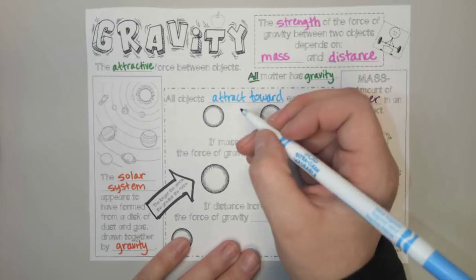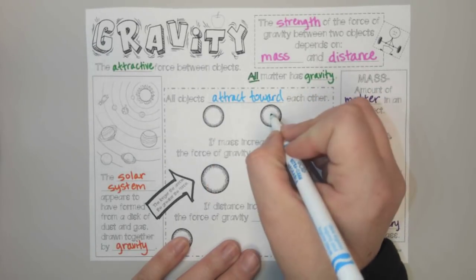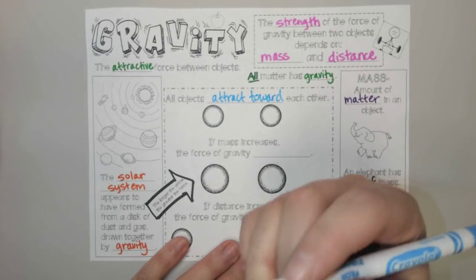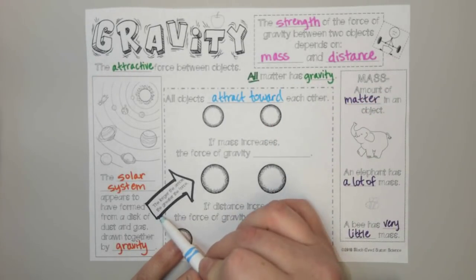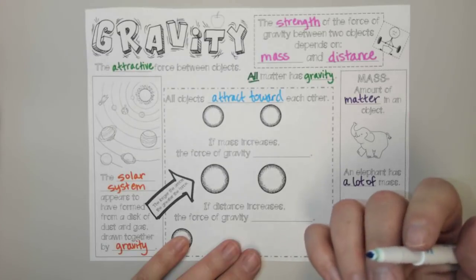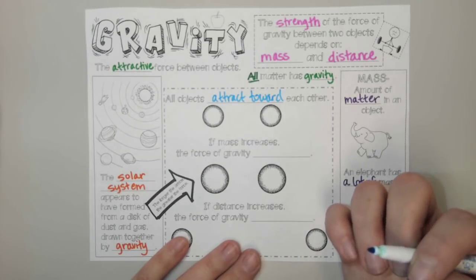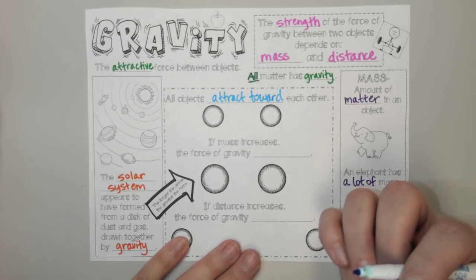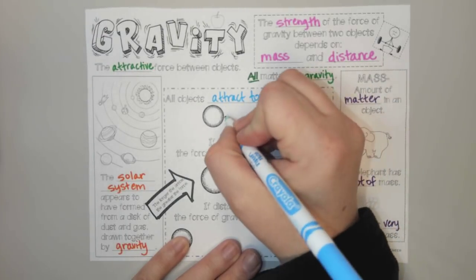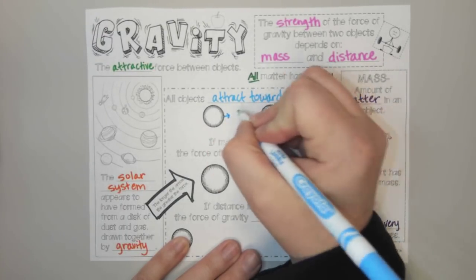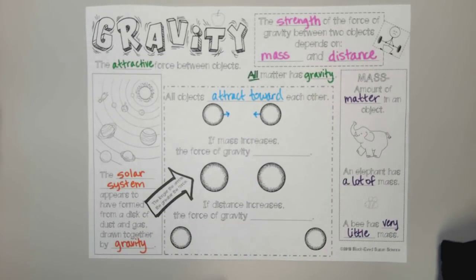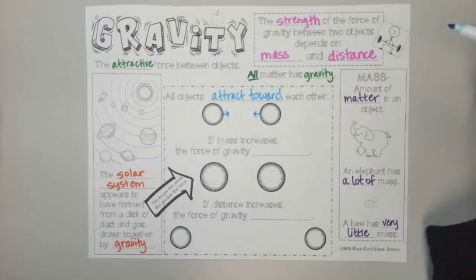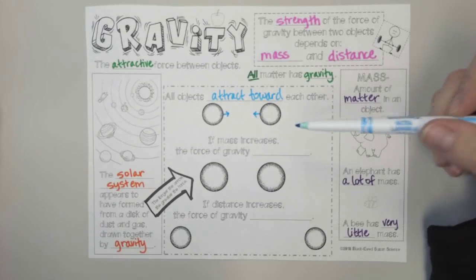To show the gravity between these two objects, we would draw arrows. Remember, arrows represent forces. We talked about that when we talked about Newton's laws and force and motion. So we would say that these objects are attracted toward each other, and we could measure that with this amount of force, this size of the arrow.